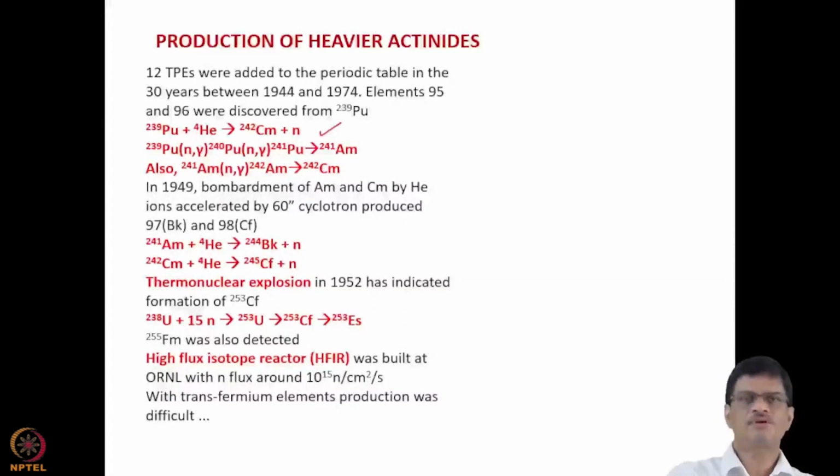Plutonium-239, when undergoing a nuclear reaction with helium-4, gives curium-242 plus a neutron.